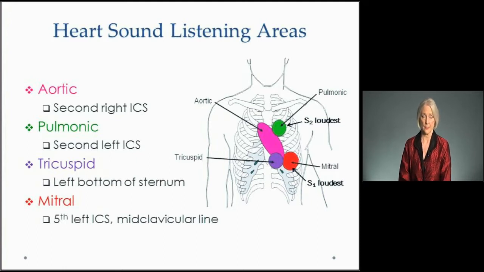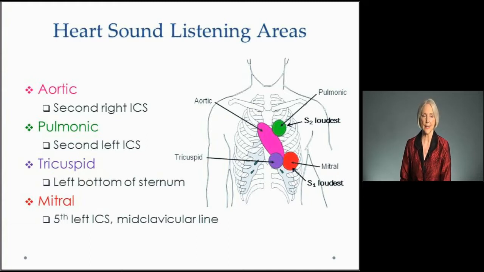The first thing is to remember the best places on the thorax to listen to the different valve sounds. The pink area in this slide represents the best aortic sound listening area, and it's a pretty big one. Technically, it's the second intercostal space, right sternal border, but it radiates quite a bit.